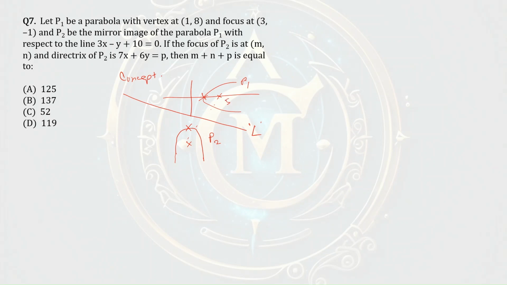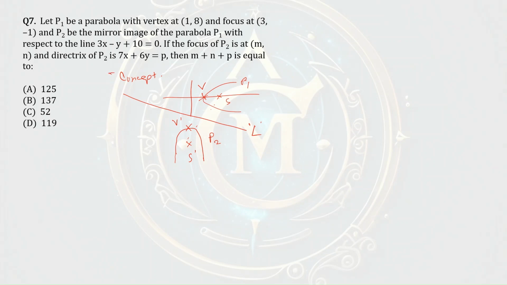So if V is the vertex of parabola P1 and S is the focus of parabola P1, then the mirror images will be V dash and S dash, and V dash and S dash will be the vertex and focus of the parabola P2.